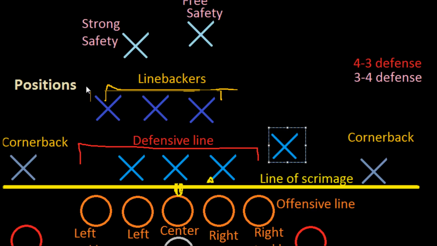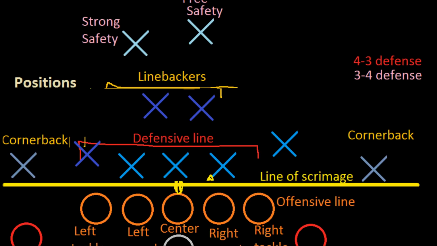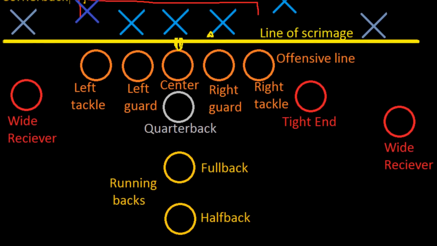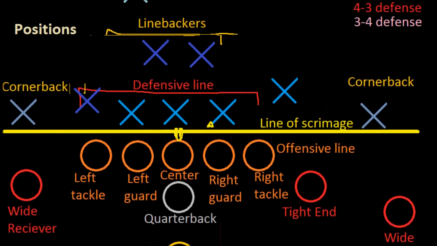Sometimes you'll see these guys come up here closer to the line. So technically you still have 4 linebackers there and 3 defensive linemen, but overall that's the basic layout of the positions. You have your safeties in the back, linebackers, your defensive line, your 2 cornerbacks on defense, and your guys on offense.